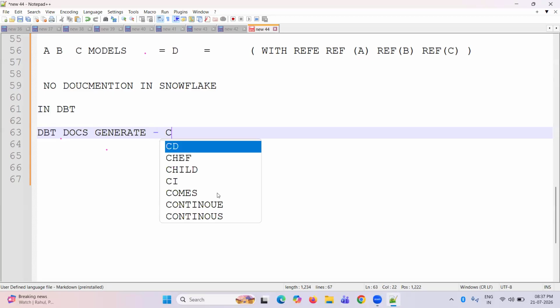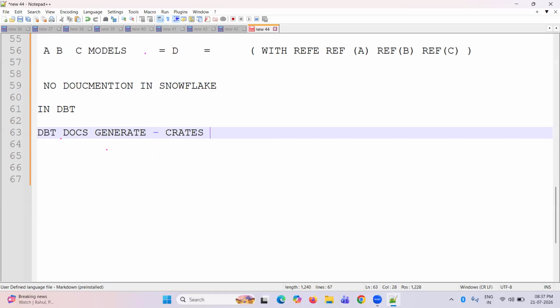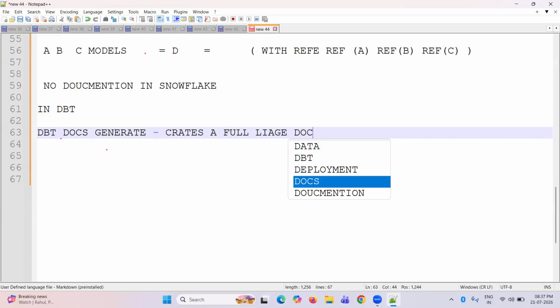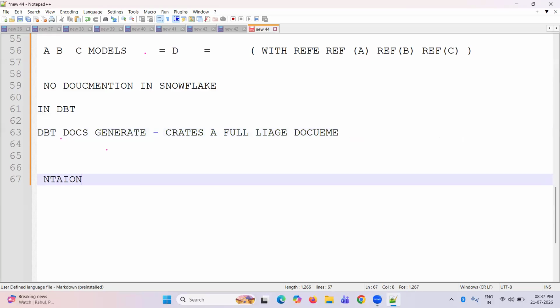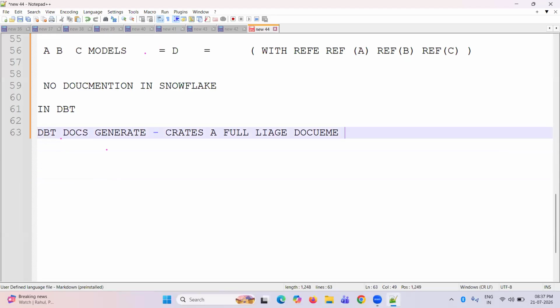It creates a full lineage and a documentation website.